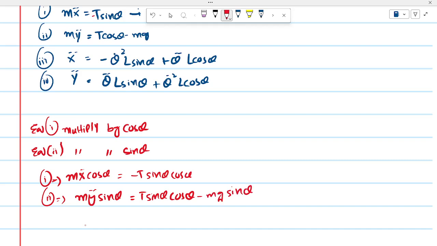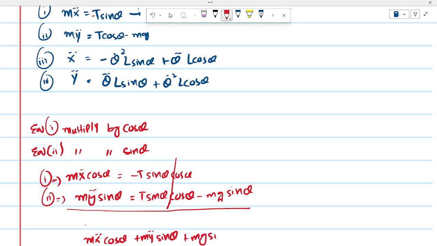Right, now we can simply add both of these equations together, so it will cancel out. We are only left with m x double dot cosine theta plus m y double dot sine theta, and you take this on the other side, plus mg sine theta equal to 0.